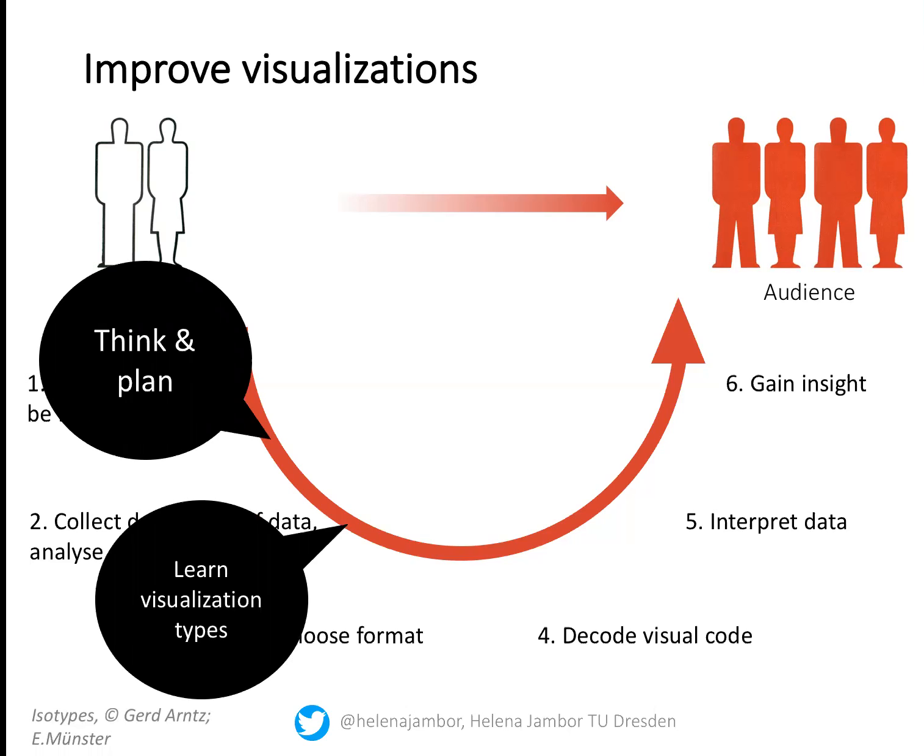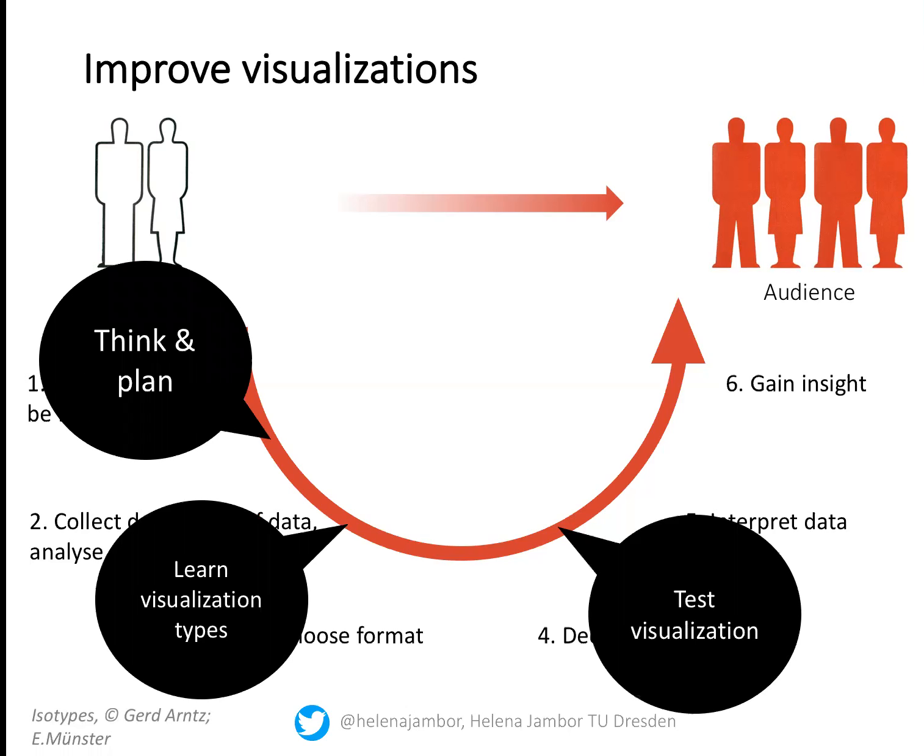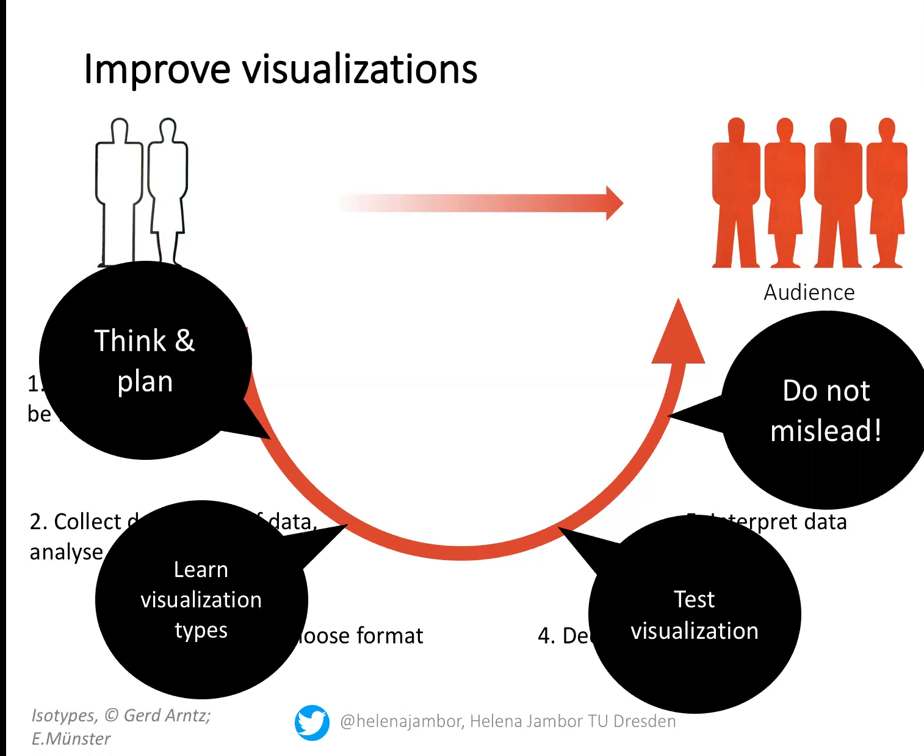As I said, there are numerous types of visualizations these days, but you have to know which one is suitable for what kind of data. Then you have to test whether the visualization works, and hopefully you do not mislead in this process. And then you get a functional visualization where you encode the data, and exactly what you want the audience to be able to decode is decoded by them.